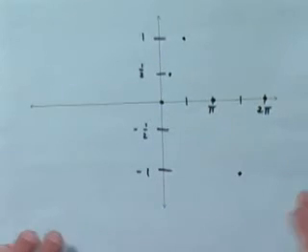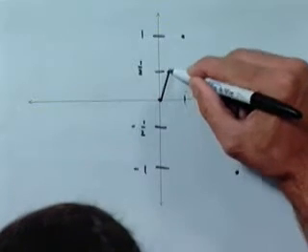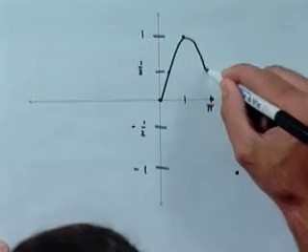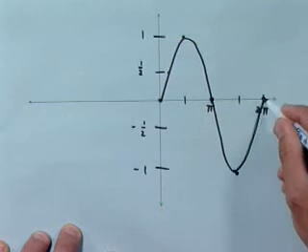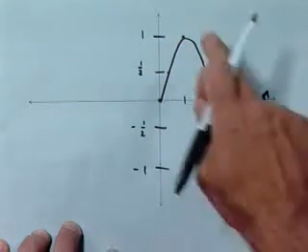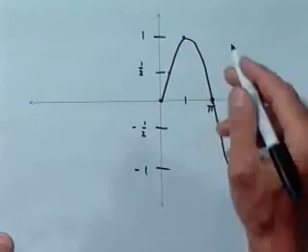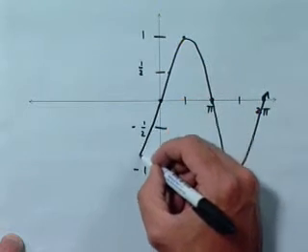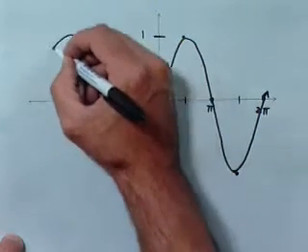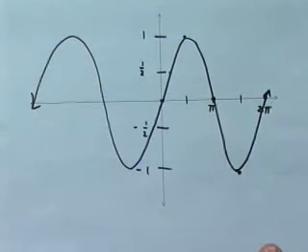So if we connect those, we should get a shape that looks something like this. And actually, this will continue and do the same thing again. Now, if we were to choose some negative values, we'd get the exact same thing over here. Okay? And there is the sine graph.